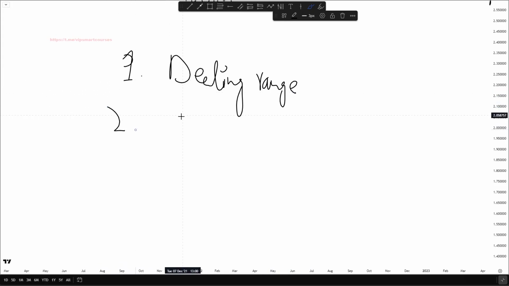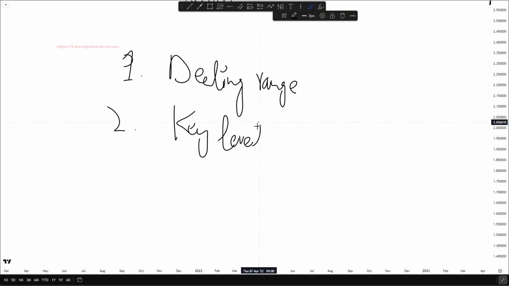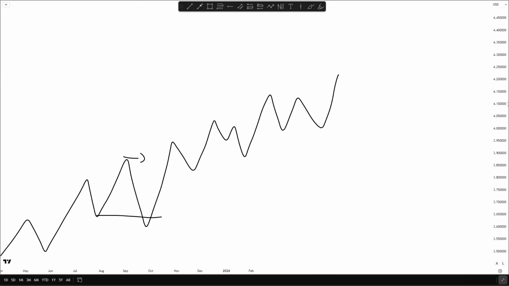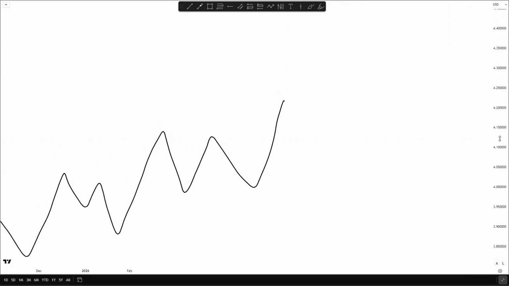Then identifying appropriate key levels within that dealing range that price can use as a catalyst for the expansion swing that we are expecting price to have. So in this example, our first objective is to define the most active, the most recent and relevant dealing range, which in this case would be here.